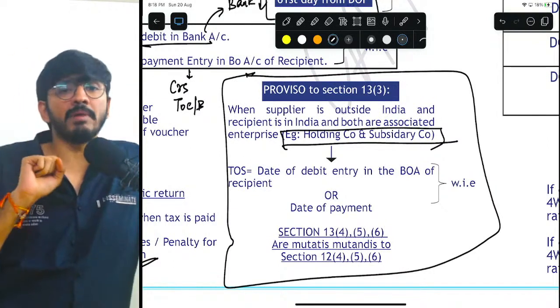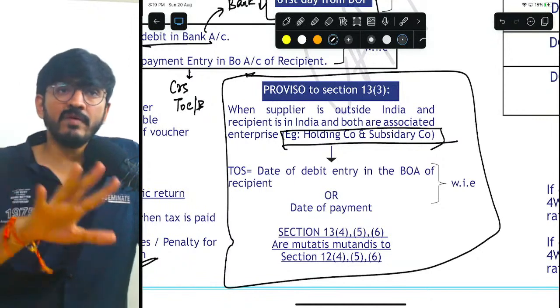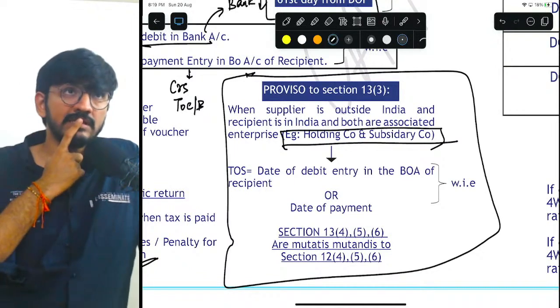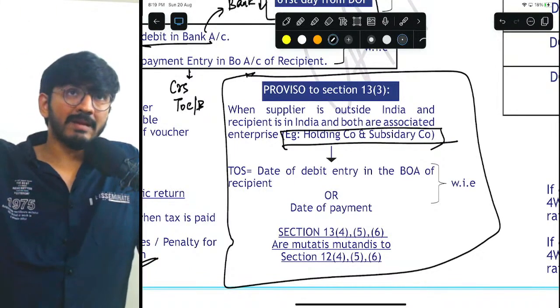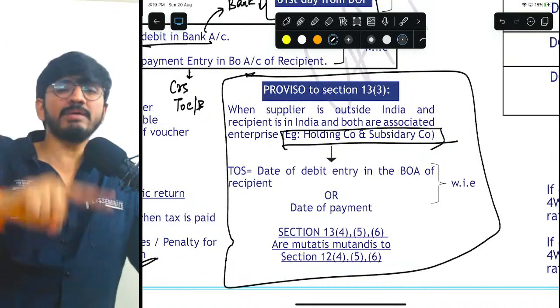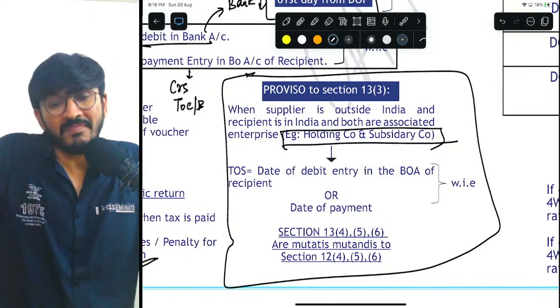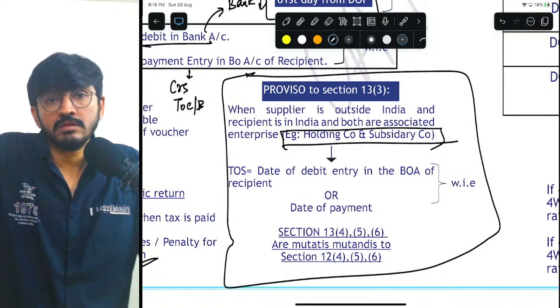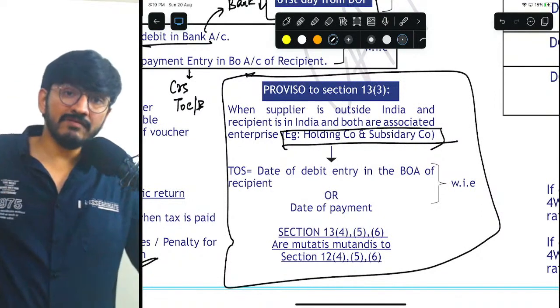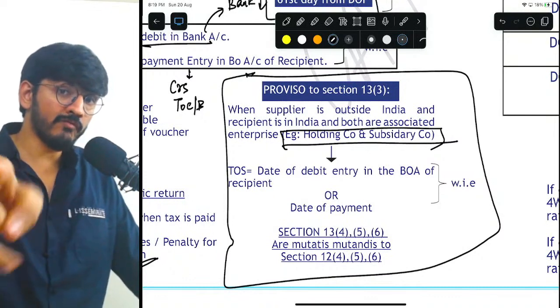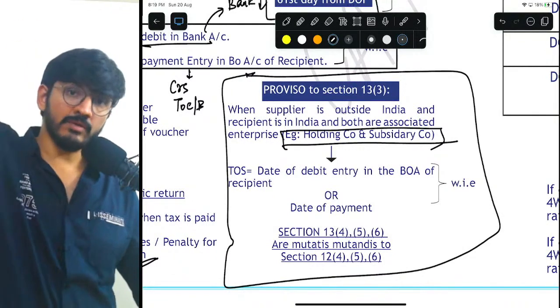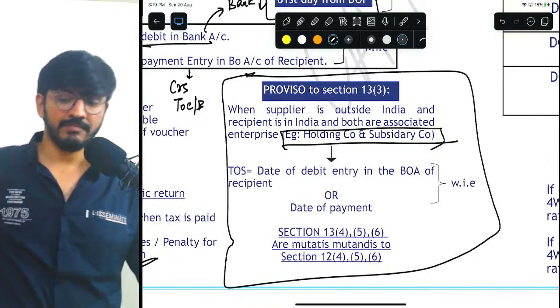You will remember 13.3 proviso, supplier outside India, recipient in India, but you don't remember the important condition of associated enterprise, because only if that exists will the proviso apply. If that doesn't, then normal 13.3 will apply.